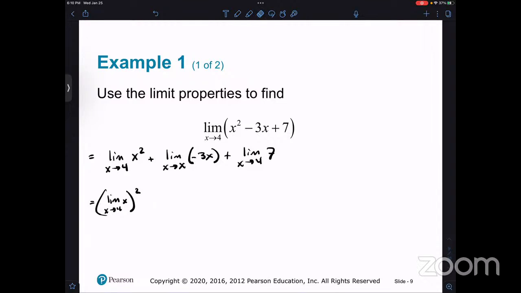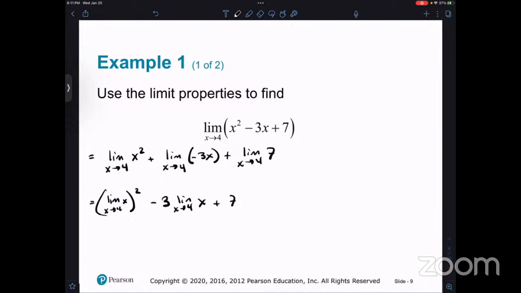The limit of a constant times your function is the constant times the limit. So that's the same as negative 3 times the limit as x approaches 4 of x. And then we said the limit of the constant is the constant, so that last one is just going to be 7.